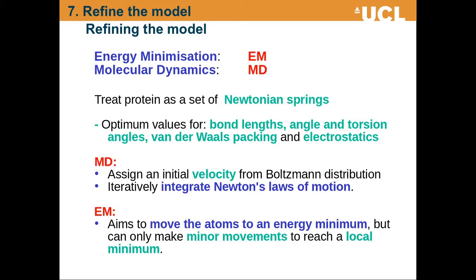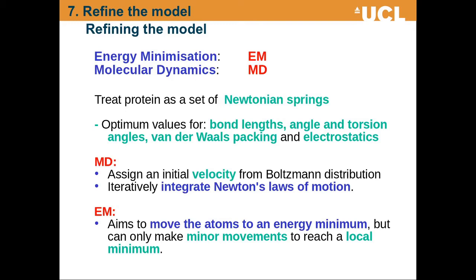And that allows us then to have optimum values for bond lengths, angles, torsion angles, and so on. And you can treat any movement away from that optimum as if the atoms were forming a spring. We also have optima for van der Waals packing, that's the interactions between atoms when they're just touching each other, and for electrostatics, so charge interactions.